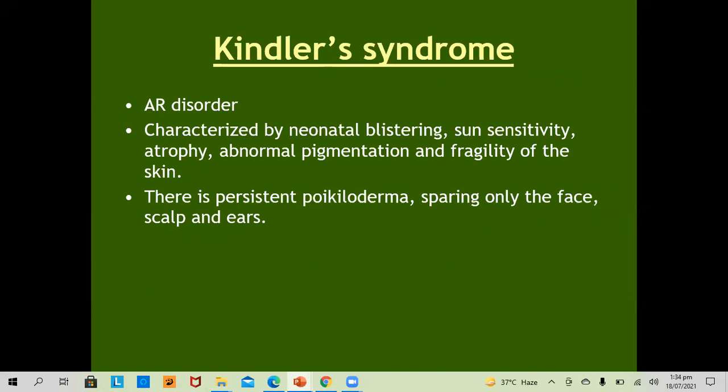Along with these two features, there is sun sensitivity, atrophy, abnormal pigmentation, and fragility of the skin. Poikiloderma spares the face, scalp, and ears. So the main diagnosis of Kindler syndrome is based on the poikilodermatous appearance of the neck and limbs, plus the easy tendency to develop blisters, especially at sites of trauma.